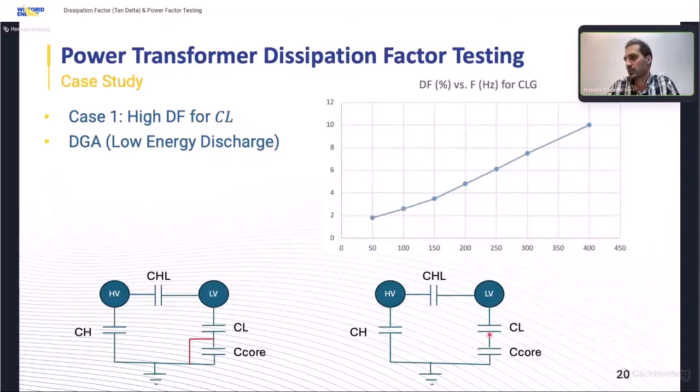In this case, we measured dissipation factor at different frequencies, and we found that with increasing frequency, the dissipation factor changes very highly. So in comparison with DGA results, we found that there is a problem inside of the transformer, and after internal check, we found that the grounding point of the magnetic core was removed during the operation of the transformer.